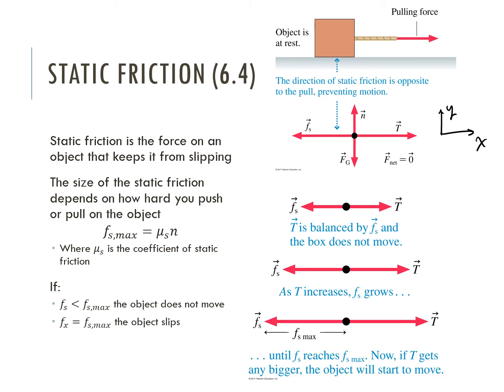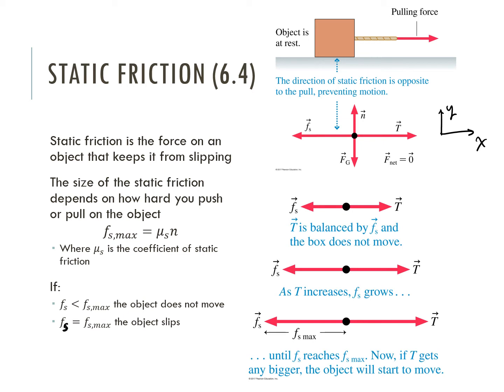If, oops, that should be S, not X. If the static friction is equal to the maximum, the object is going to slip. It's going to start sliding with respect to the surface. So now the tension is high enough on this box such that we're able to move it in the direction we're pulling, in this case to the right.